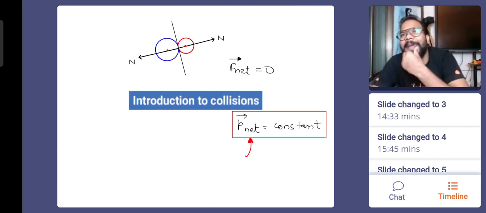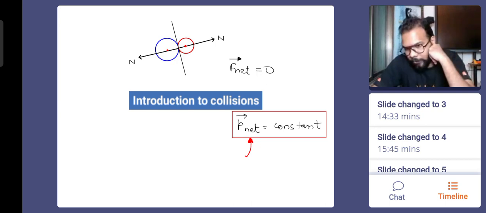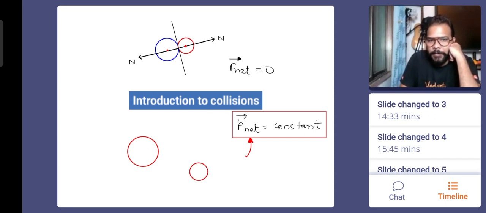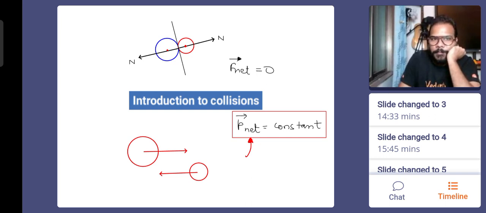Come again? Means you are saying this is what happens. This fellow is going like this and this fellow is going like this. You want it to collide here, right? And then this is the situation. Do you think they still will continue to move along the direction which they originally were moving in?